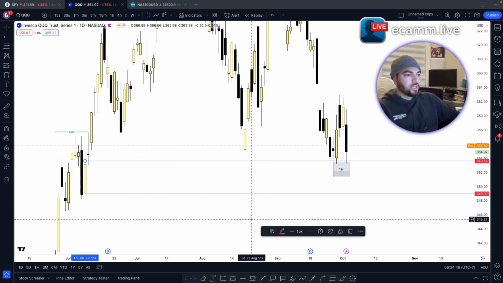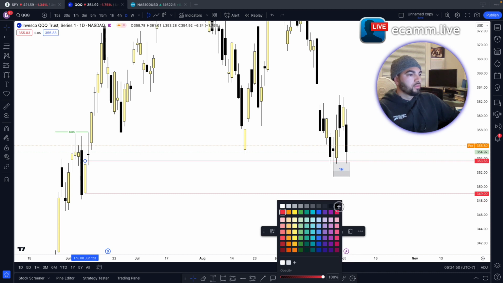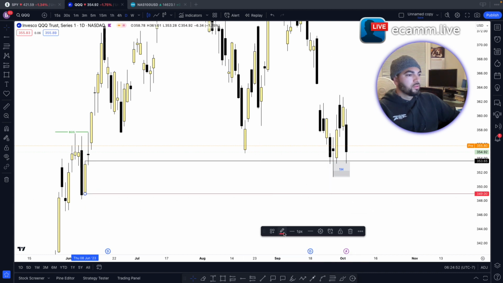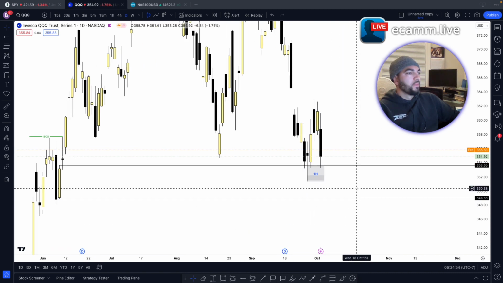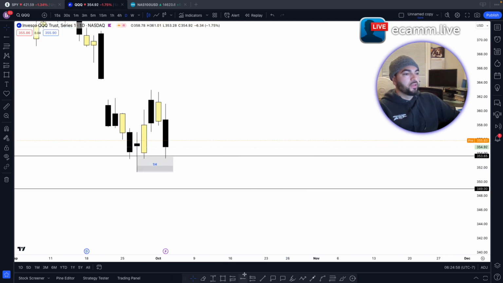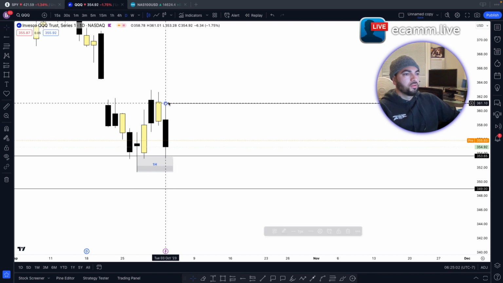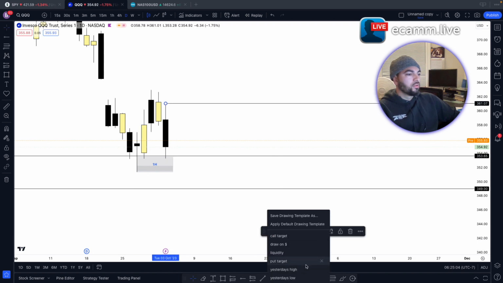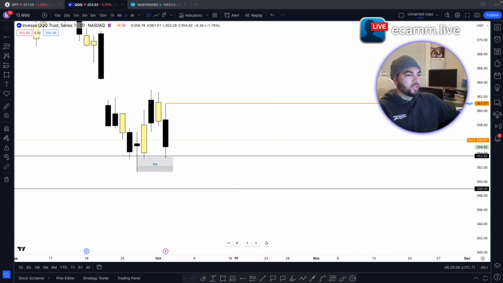I'm actually gonna make this line black. And then what I'm also going to do is mark yesterday's high and yesterday's low.